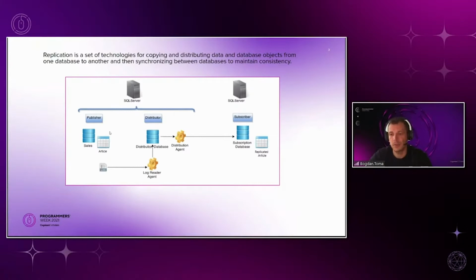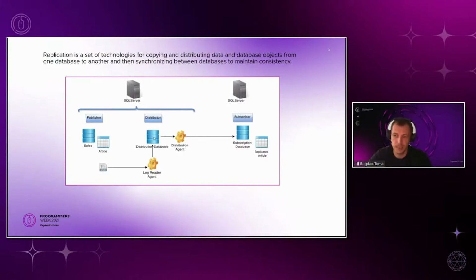So for example, if a user comes and deletes a row on a table, the row delete is recorded in the log file of the database. The log reader comes, reads the log file, and identifies the delete action. It then checks if the article is mapped for replication. If it's not mapped, it just skips it. If it's mapped for replication, it takes the delete action and all the details from the transaction and sends it to the distribution database.